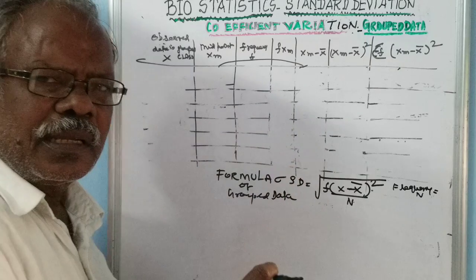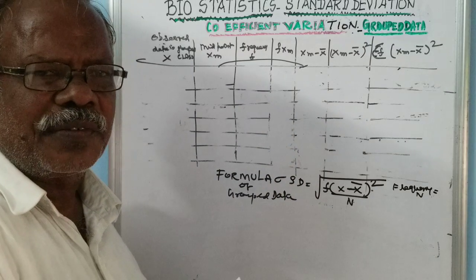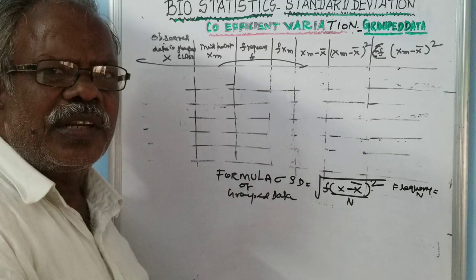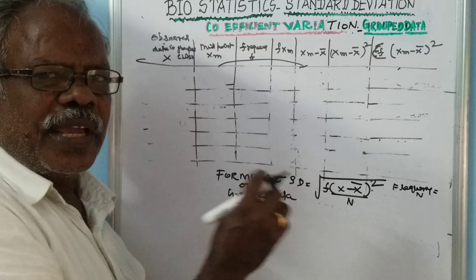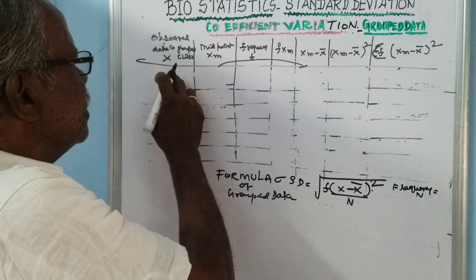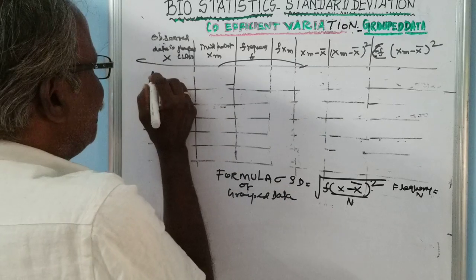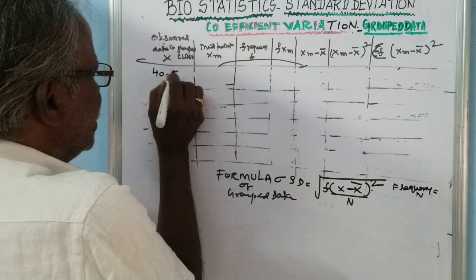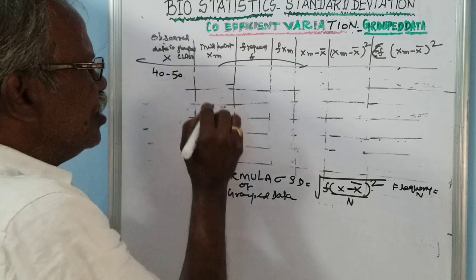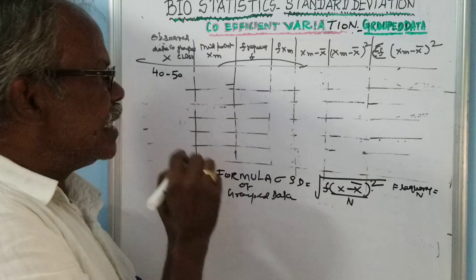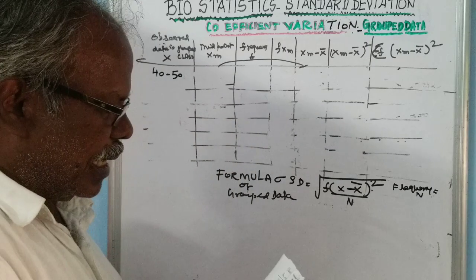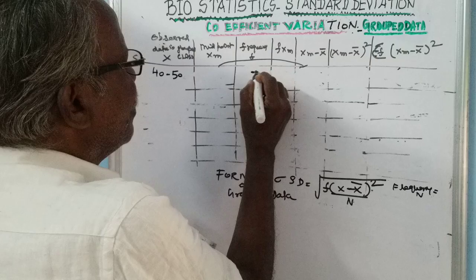How many, for example, if you are taking fishes, how many fishes of each weight class? The class is 40 to 50 grams. The fishes weighing 40 to 50 grams, how many fishes are there? Say the frequency is 5.